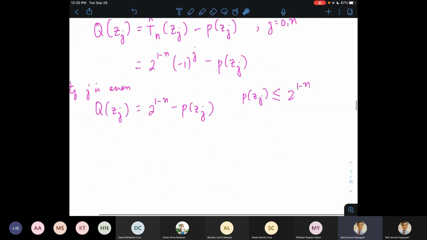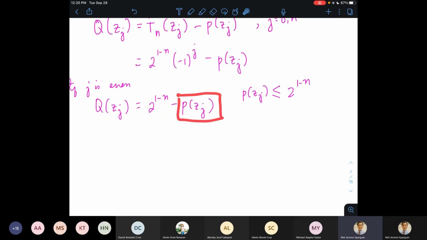Okay. So that means P of Cj is always less than 2 to the 1 minus n. So if this guy is less than 2 to the 1 minus n, so this difference is what? Do you agree this will become positive? Tama, no? Kung si P of Cj ay negative, ito ay magiging mas positive kasi negative by negative.